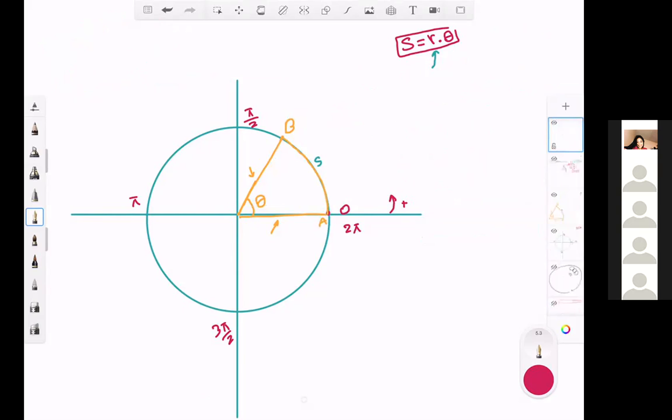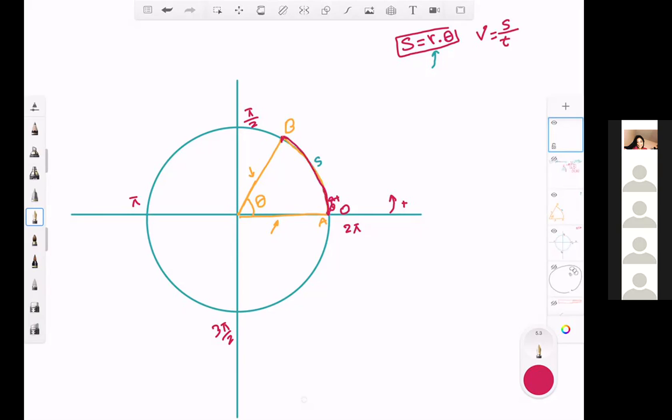I'm going to write linear speed V equals S over time when the person is scooting on this arc.